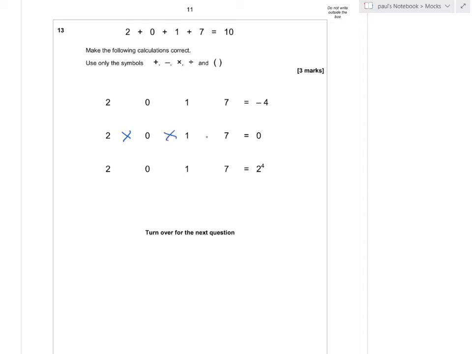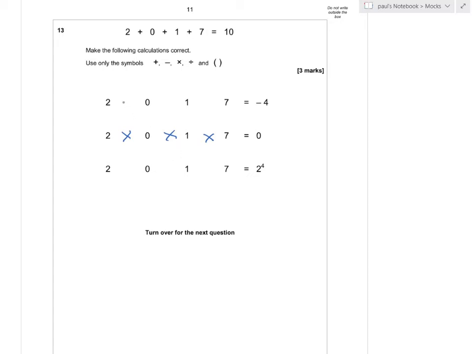If we multiply everything together, because we've got a 0 in there, we end up with 0. Are we allowed any brackets? Oh, you can put brackets.